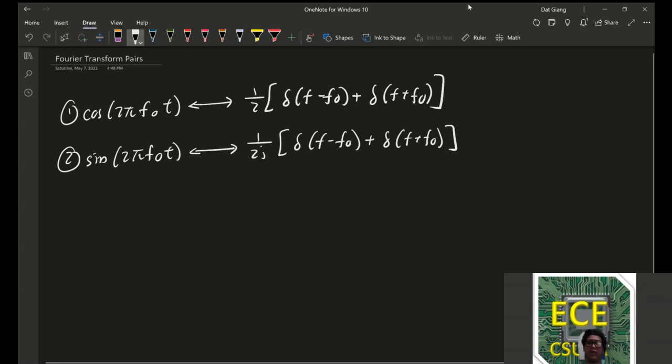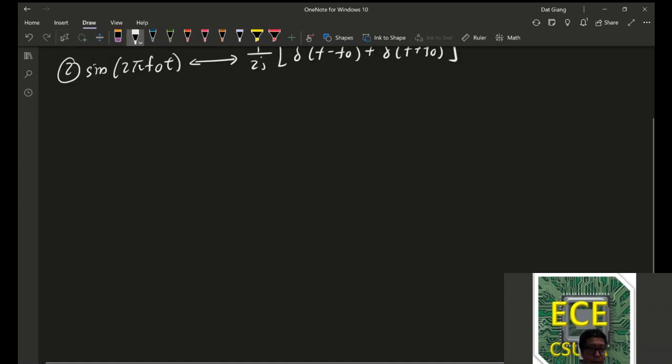Notice that in sine, we already get a j term in its Fourier transform, so it usually is best to avoid an imaginary number. So we always use cosine, and it turns out that cosine is one of the popular Fourier transforms due to the modulation theorem.